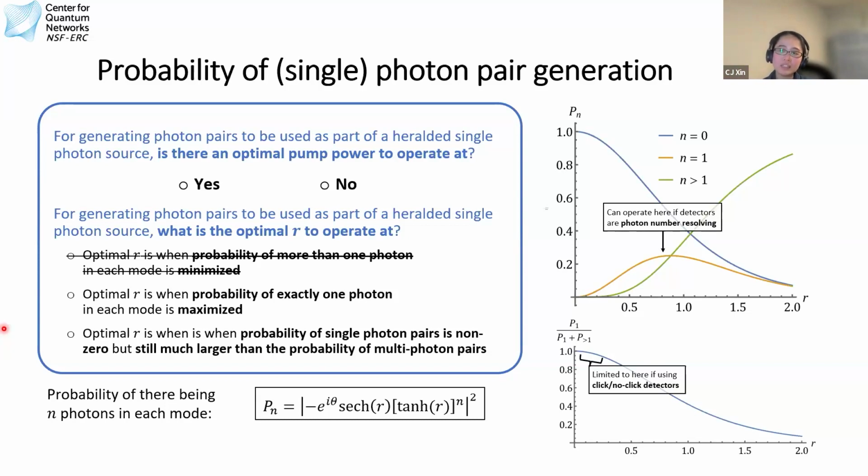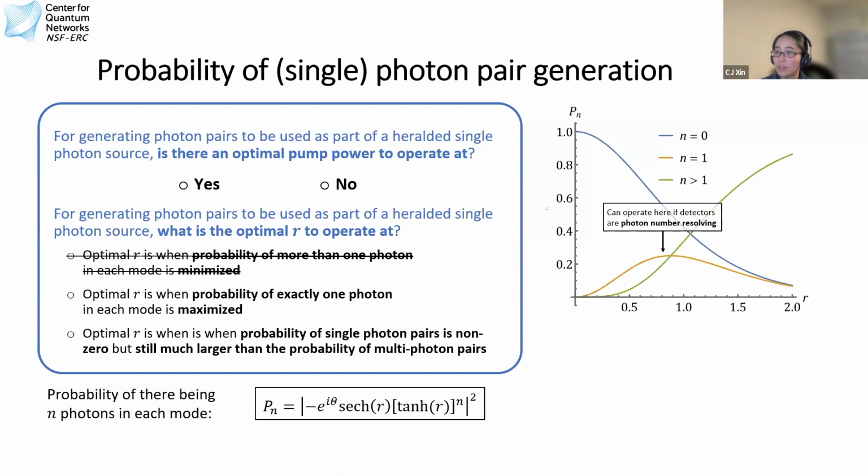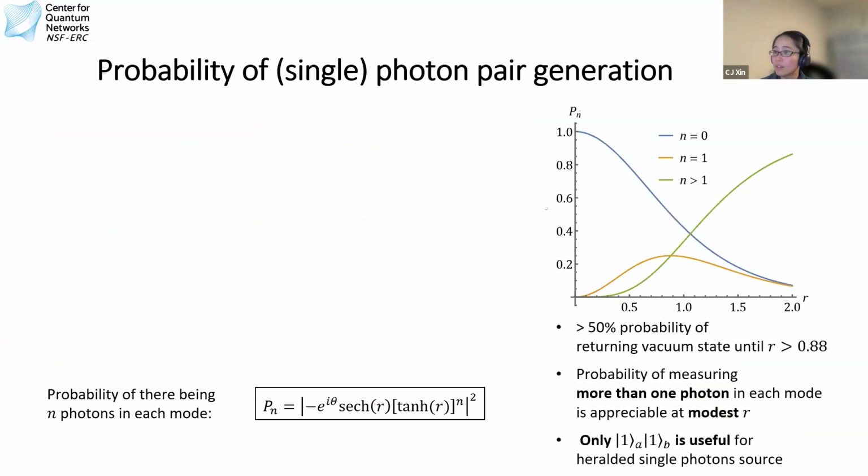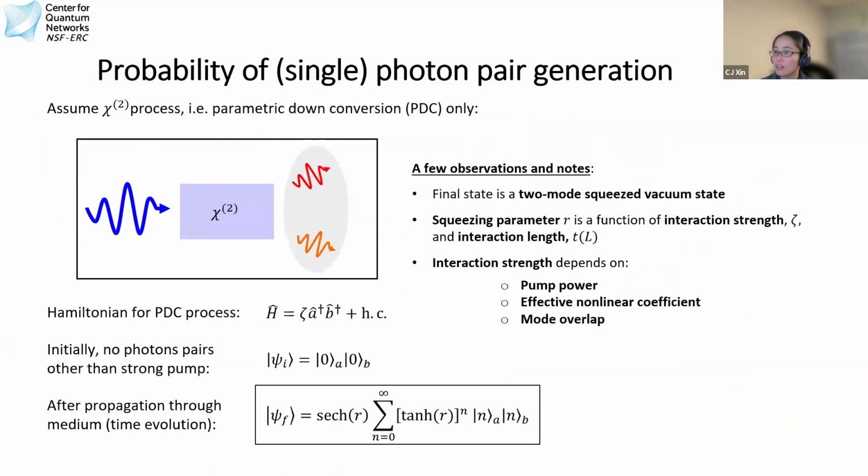However, because the thing that needs to be optimal is how large your R is, and R, from over here, depends on a bunch of different parameters.